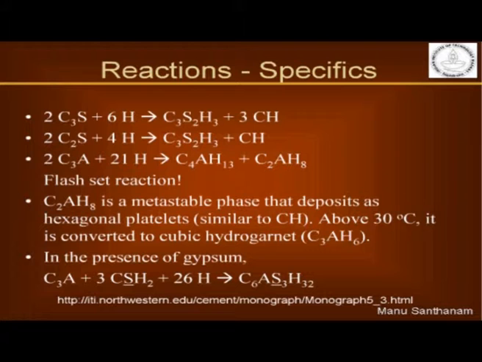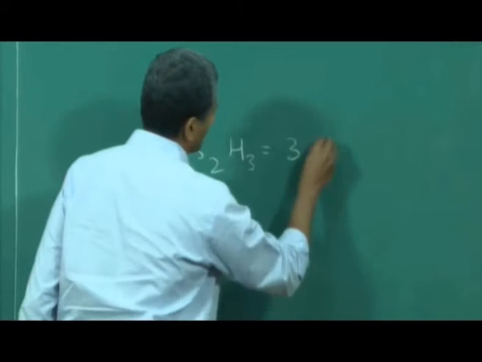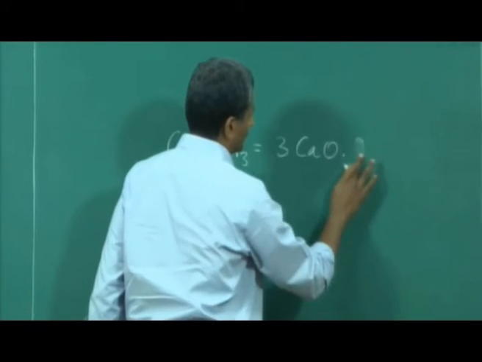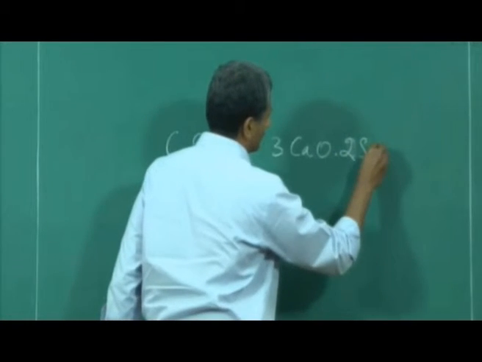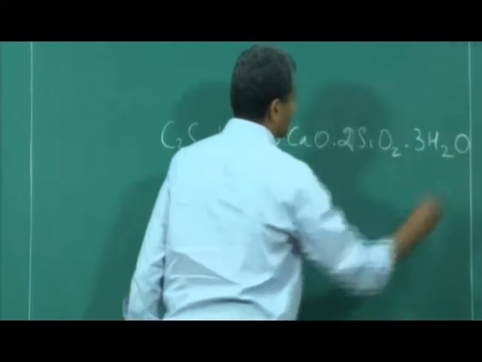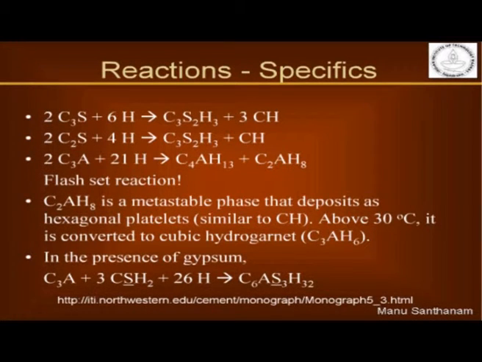I'll write that on the board just for clarity. C3S2H3 is simply 3 CaO, 2 SiO2 and 3 H2O. That's the molecule that is formed, CSH, calcium silicate hydrate.